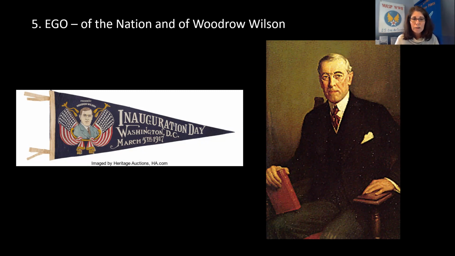Right, that was the motto of the Wilson campaign, he kept us out of war. So you have millions of Americans who voted for him with the understanding that he was going to continue to keep us out of war. He gets inaugurated in March, and a month later, the United States declares war on the Central Powers. I also include the ego of the nation, because the United States wanted to be a world power.